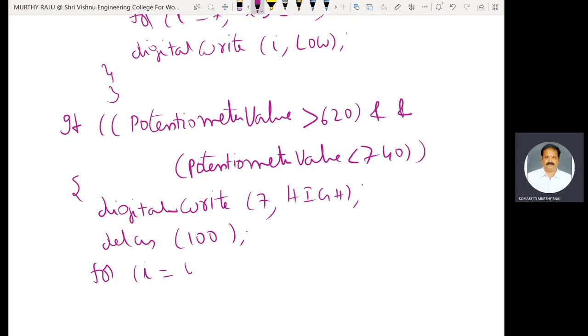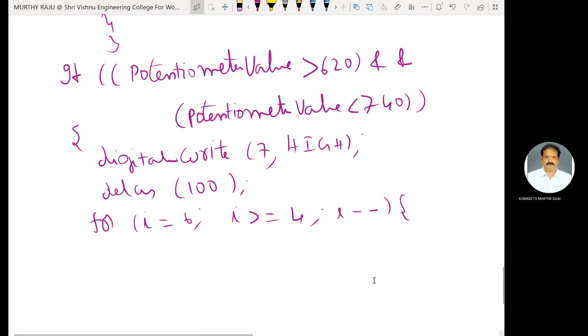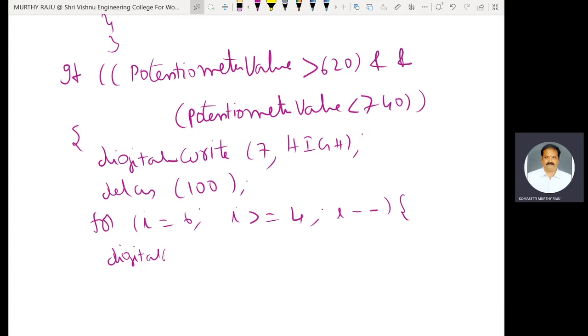For I is equal to 6, I greater than or equal to 4, I minus minus, digital write, I low.